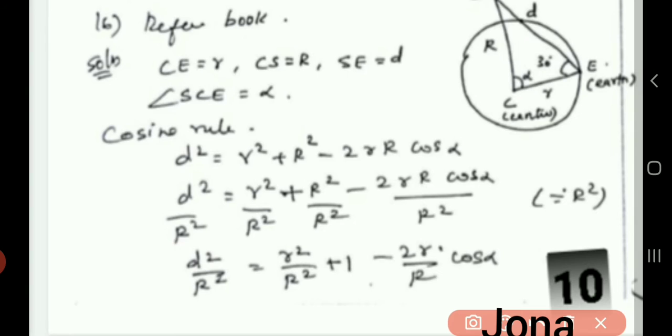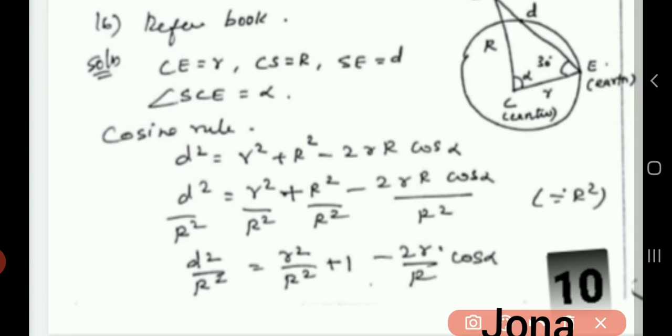Let 30 degree be the angle of elevation from the earth station to the satellite. If the line segment connecting the earth station and the satellite subtends an angle alpha at the center of the earth, then prove that d equal to R into root of 1 plus (r by R) square minus 2 into r by R cos alpha.